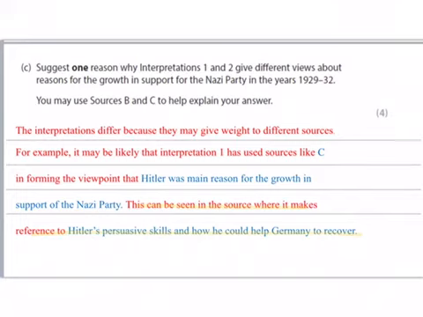Don't overstate it. Keep it simple. One sentence. Use sources like, and to inform that viewpoint, and this can be seen in the source where it makes reference to. That's the best way to go about this particular response.